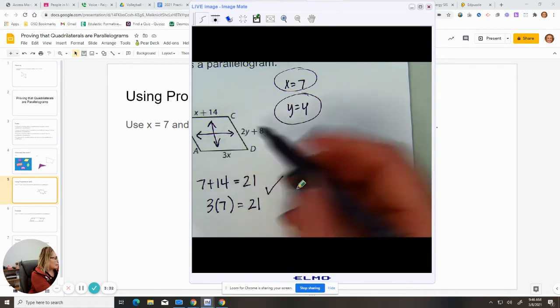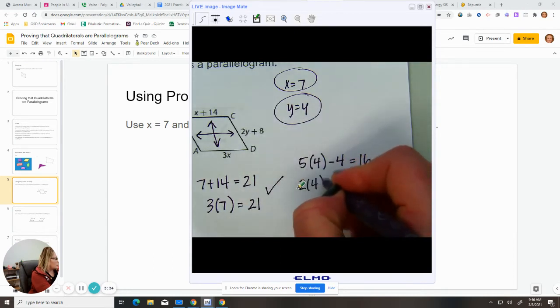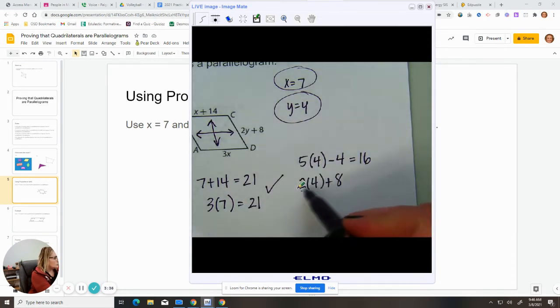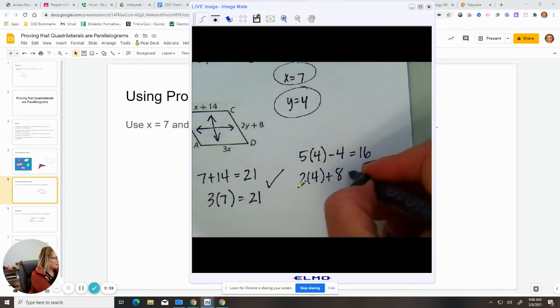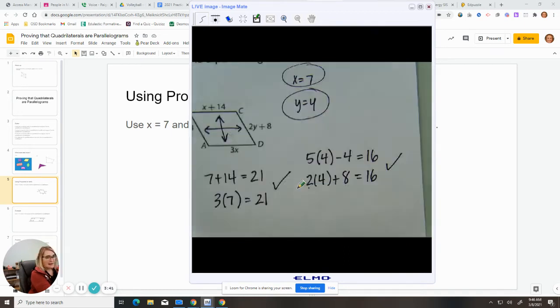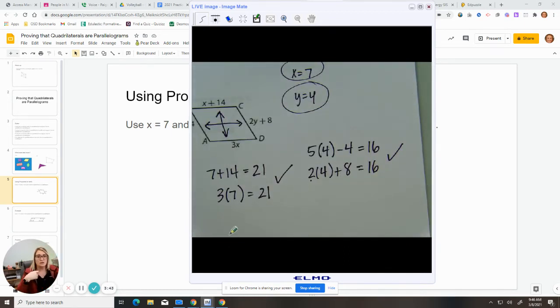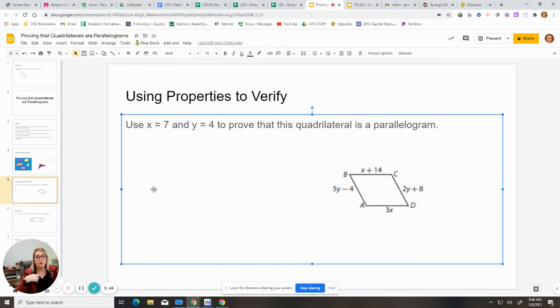We're going to do the same thing for this one: 2 times 4 plus 8. 2 times 4 is 8, 8 plus 8 is 16. And that is equal. So therefore, we have proven that this four-sided figure, this quadrilateral, is a parallelogram. That is all you have to do. You're basically substituting in and saying, yes, it works.